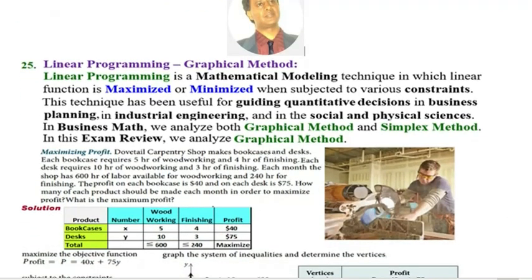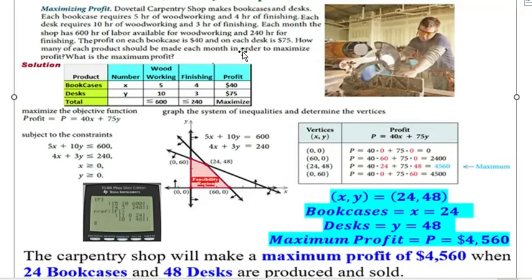So the first thing is we need to convert the word problem into a table. We have two products, bookcases and desks, and we don't know how many bookcases and how many desks we need to make to maximize the profit. So we're going to call them x bookcases and y desks.